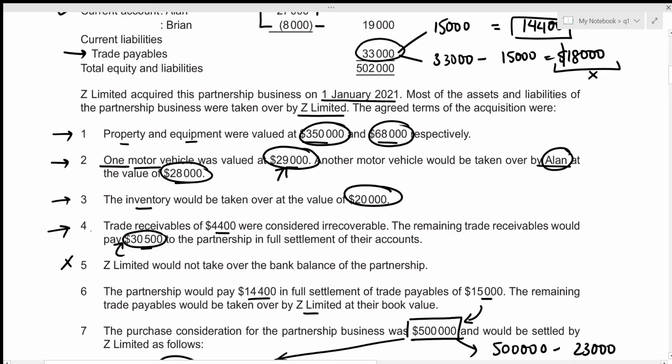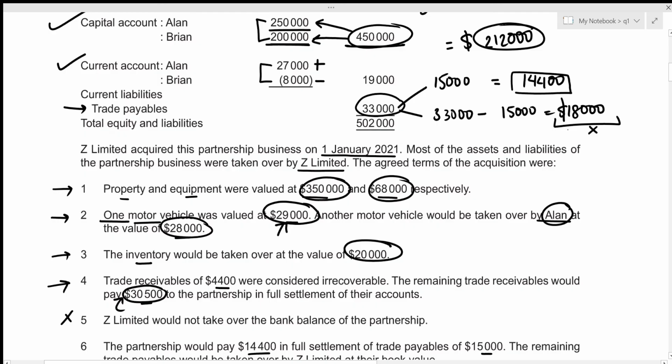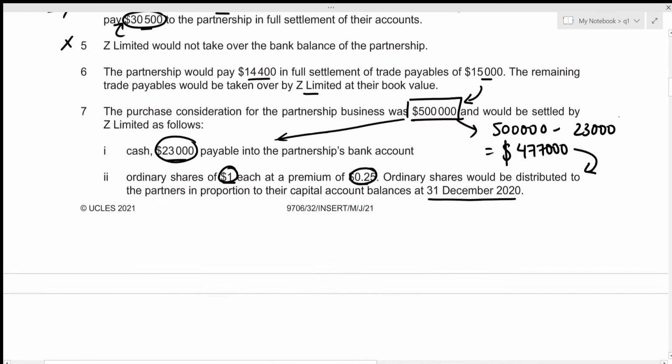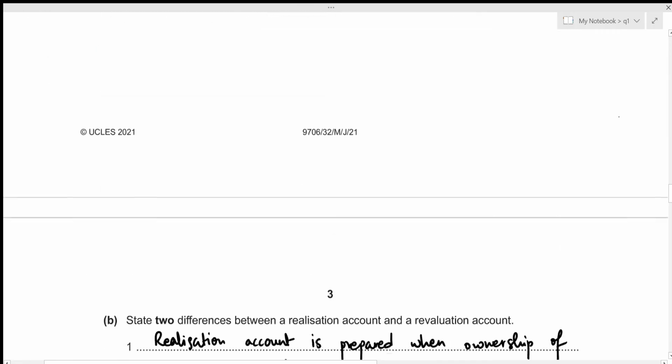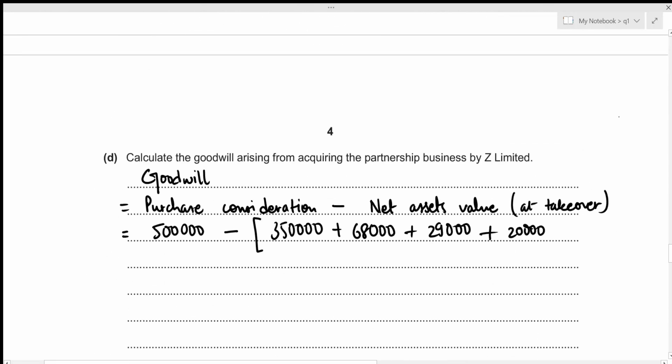So this will not be recorded in our purchase consideration, right? Then right here for trade payables, the remaining trade payables will be taken over by Z Limited. And we figured out the value for remaining trade payables to be 18,000, right? We need to subtract it. Let's do that. So that's going to be minus 18,000.